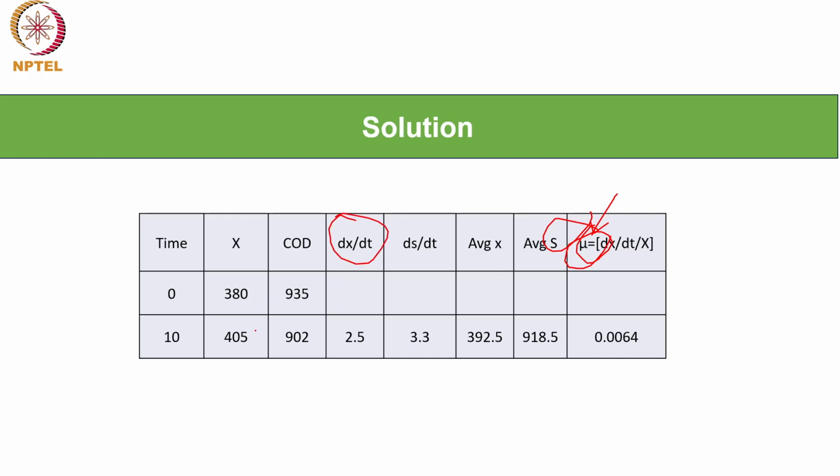How will you calculate? It is nothing but difference in biomass concentration divided by difference in time. So your dx by dt will be 405 minus 380 divided by 10.